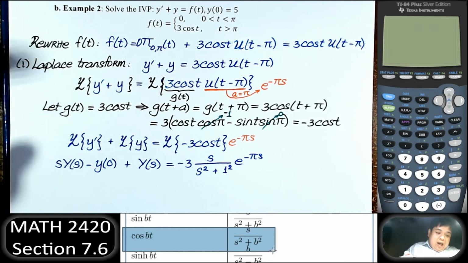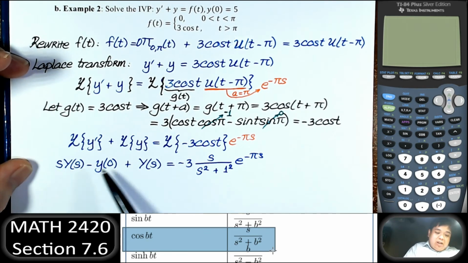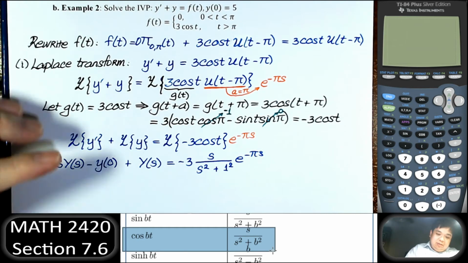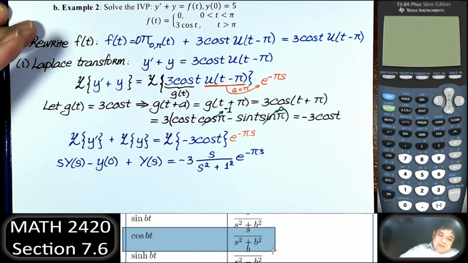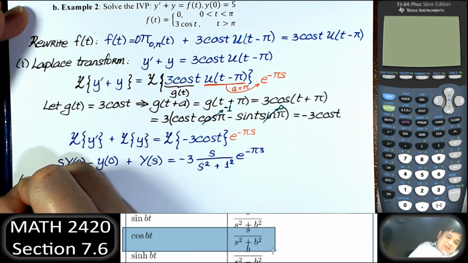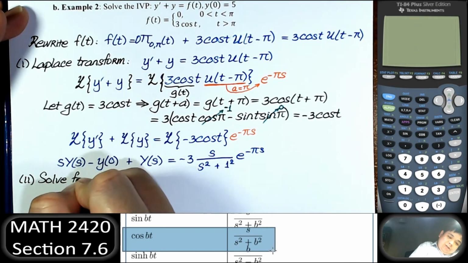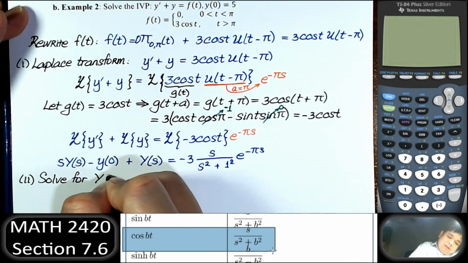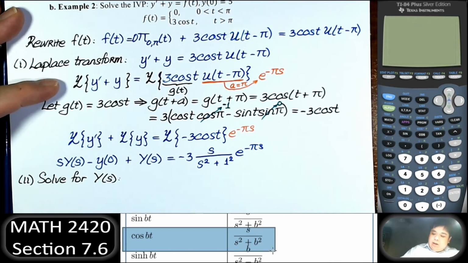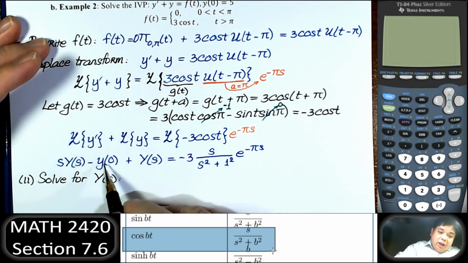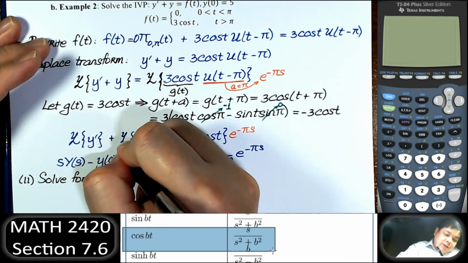Now, the next step is, of course, we solve for Y of s. Y of 0 is equal to 5.